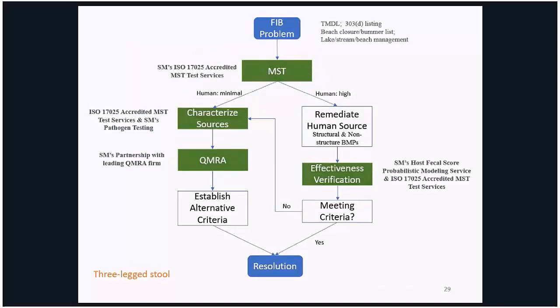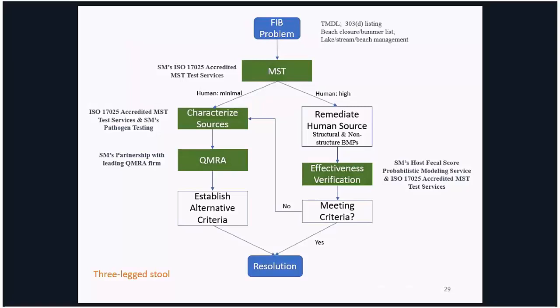So I tend to call this a three-legged stool approach, pun not intended. Starting from the top, if you have a FIB problem, the first thing you usually do is microbial source tracking, or a sanitary survey and microbial source tracking, trying to find out what source is causing this problem.